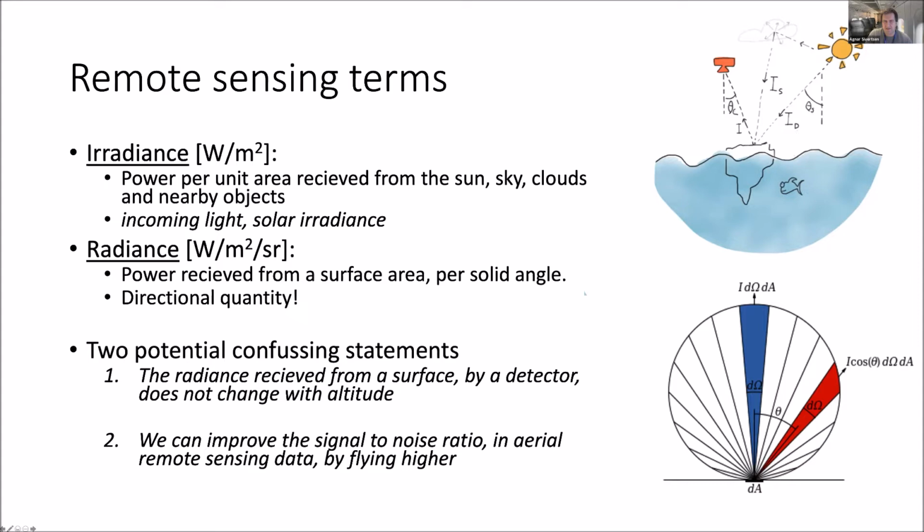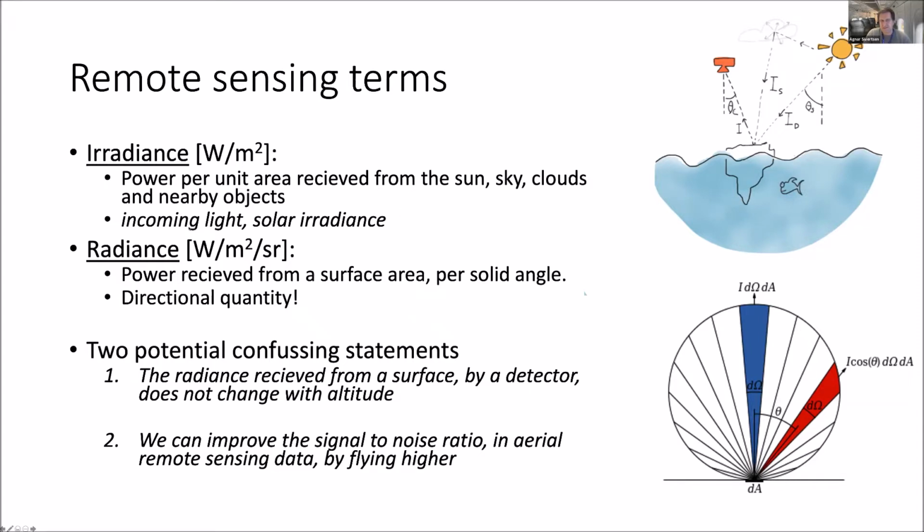We have the direct component from the sun. We also have scattered components from clouds and the atmosphere, and we have a sensor. Usually the angle between the sun and the zenith we call the zenith angle, and the same with the sensor. In addition to this, we also have the azimuth angle. This is also referred to as incoming light or sometimes solar irradiance.